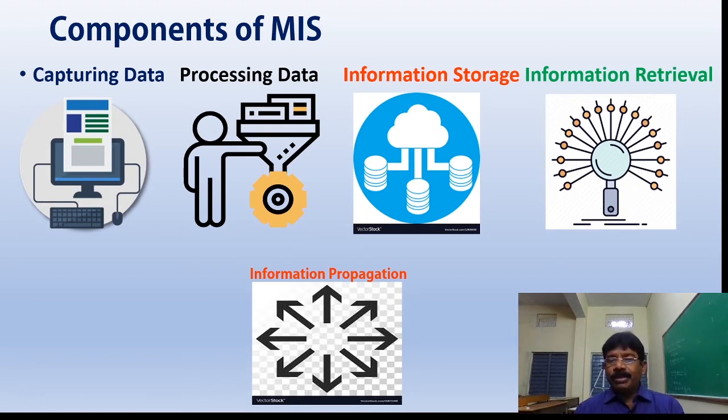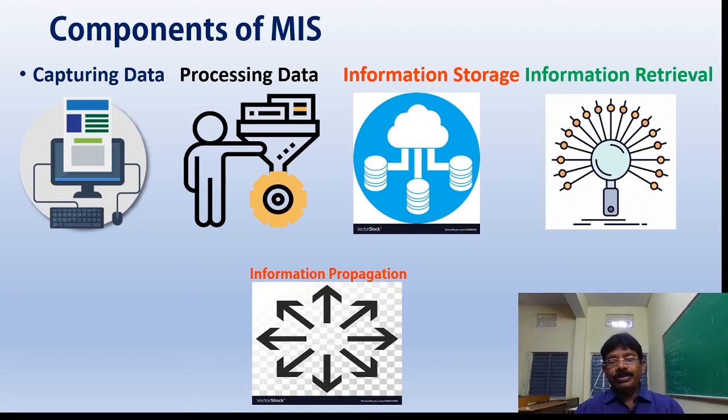Earlier, storage was a big problem for the companies. Now, cloud storage is available for all the companies for data storage. And because of cloud storage, information retrieval has become very easy. Pan-India or globally you can retrieve your company information, either through mobile or your laptop, wherever, whenever you need it.